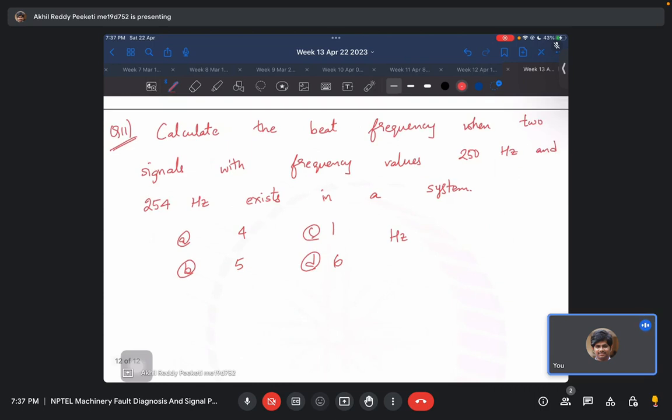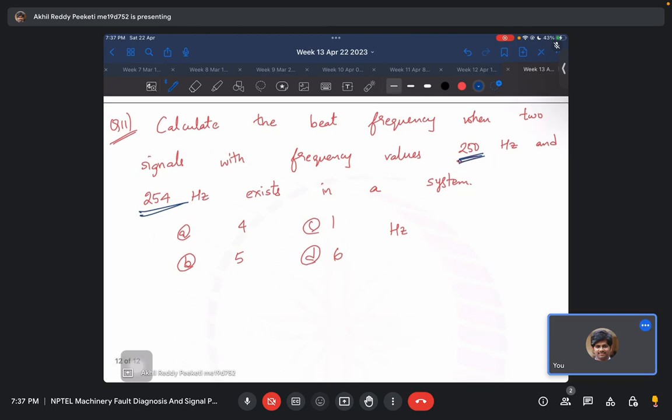What should be the beat frequency when the signals with frequencies 250 and 254 hertz are in the system? So what should be the beat frequency when your two frequencies are given? The beating frequency is just the absolute difference between the two frequencies.